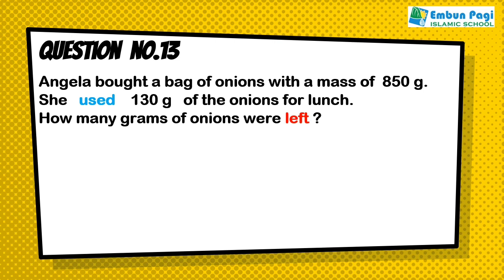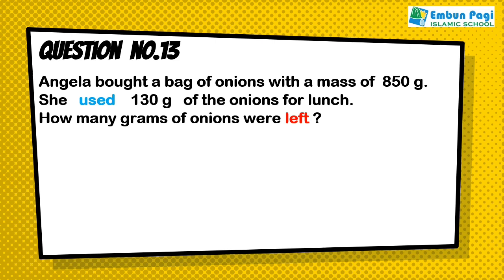Question number 13. Angela bought a bag of onions with a mass of 850 grams. She used 130 grams of the onions for lunch. How many grams of onions were left? Okay, at first she had 850 grams of onions, and she used 130 grams.